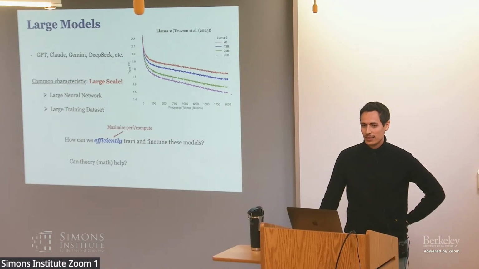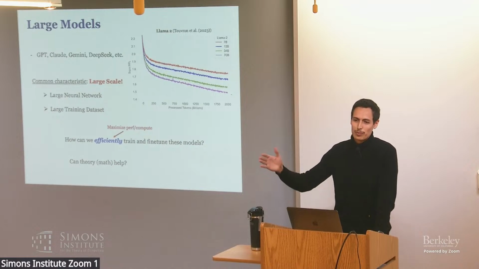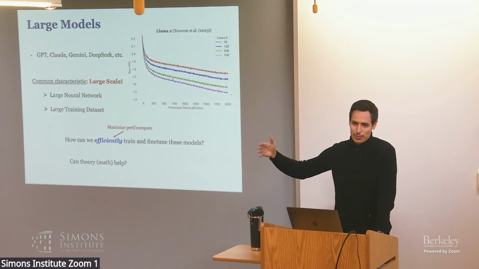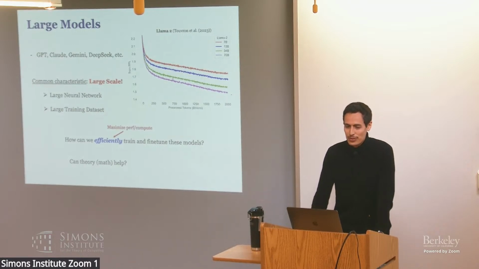Whatever they do, you can say it is math just because it deals with matrices. Yes, but that's not related to efficiency. If you do a forward prop, it's a matrix-vector product, some kind of math. But here the question is really about efficiency. Can we use some math to improve the way we train these models?